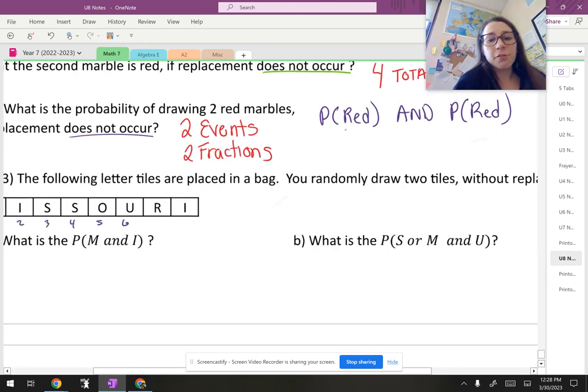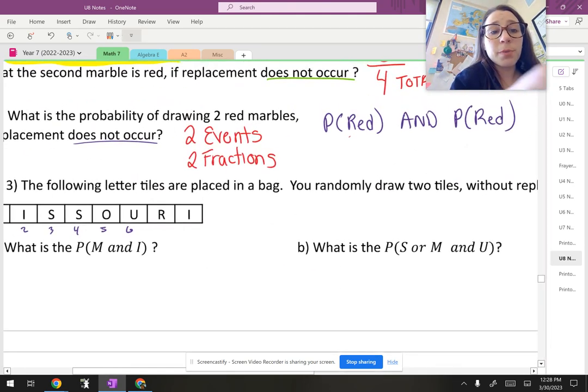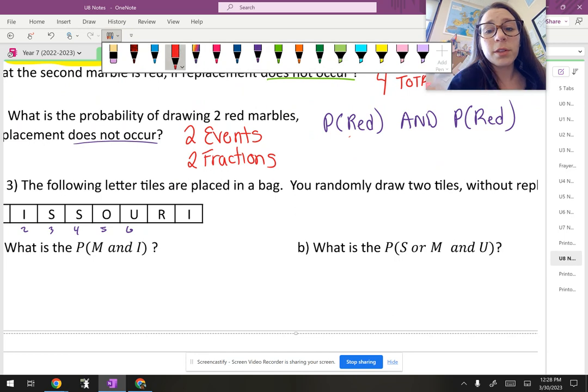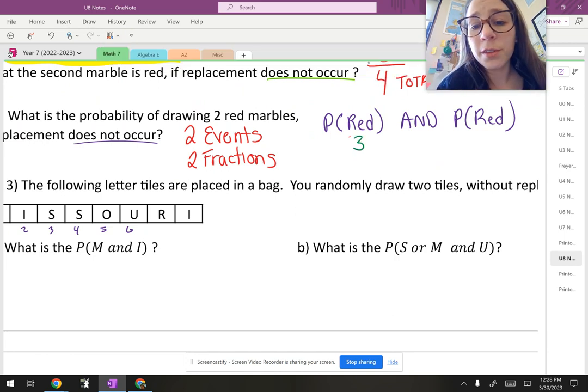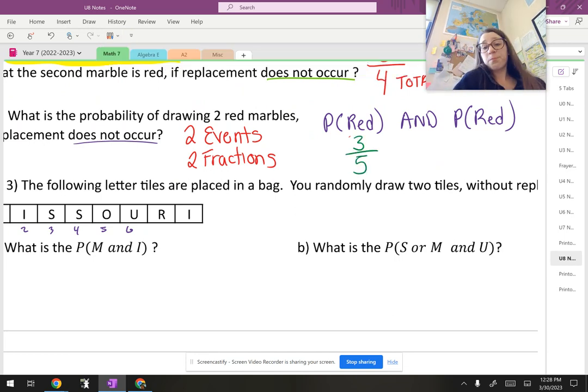So, starting fresh, the probability of me just picking a red marble is our typical 3 out of the 5 total. But now that I've picked that 1 red marble and I have it and I am not putting it back, what is the probability of me going back in and getting a second red marble? So we no longer have 3 red marbles.